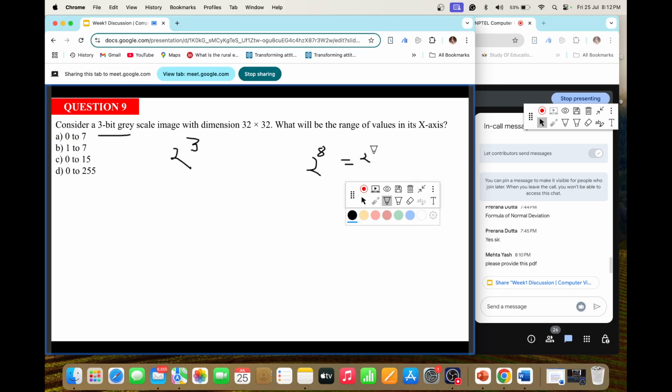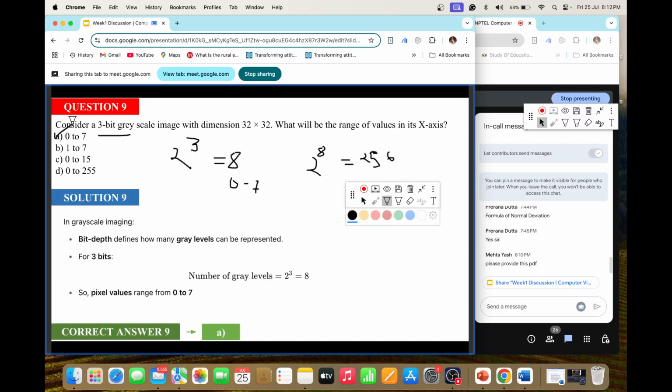So we have 256 values from 0 to 255. But here, as it is a 3-bit image, we will have 8 values, that is from 0 to 7. So 0 to 7 will be our answer. Option A will be our answer.